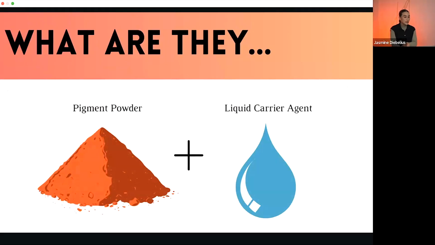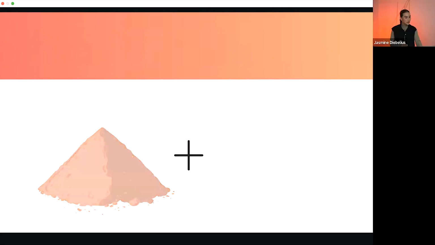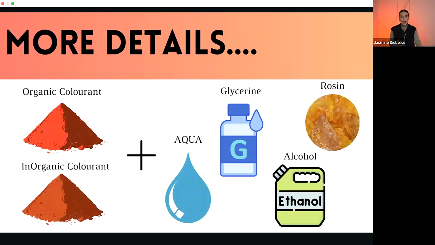So let's get into what actually are pigments and inks. So when we're using a pigment, what are they? So we have a pigment powder and a carrier agent. The only way to get pigment into the skin is having a liquid carrier agent to get the pigment powder in the skin. That is the only way we can get it in there. But it's not as simple as that, as we know.